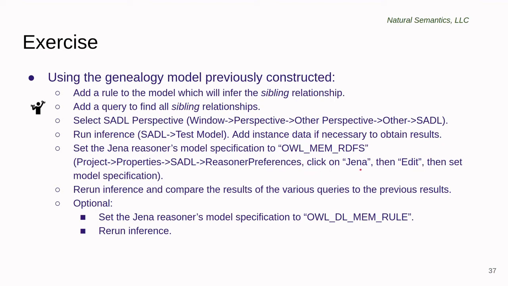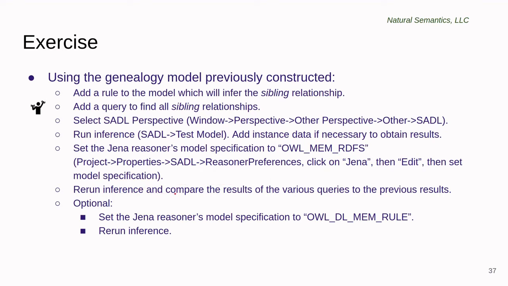That will make Jena visible. Click on Jena, not the checkbox in front of Jena, which selects it as a reasoner. It should already be selected, but click on Jena itself. Then click on the Edit button, and then you'll get the actual preference settings for the Jena reasoner, and you can set the model specification to OWLMEM RDFS.